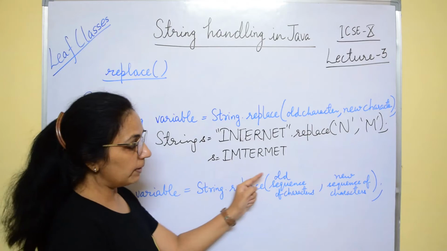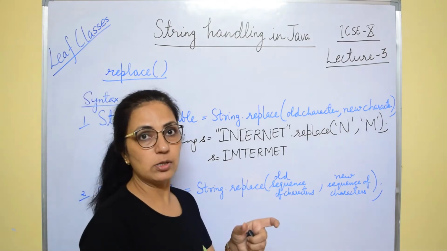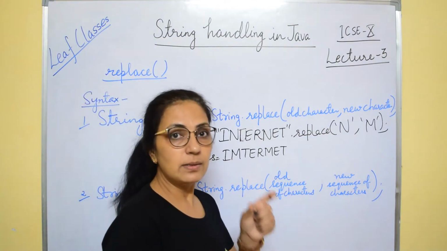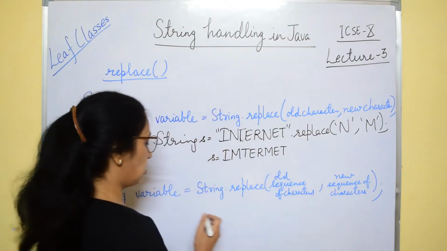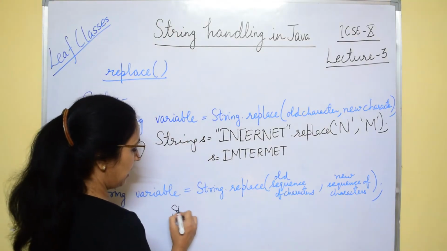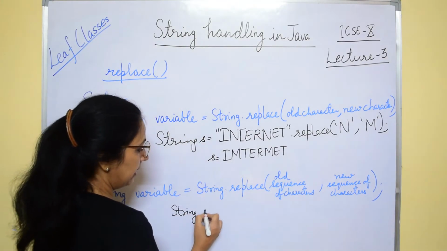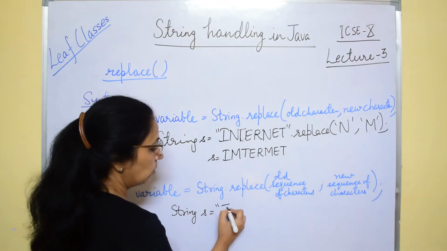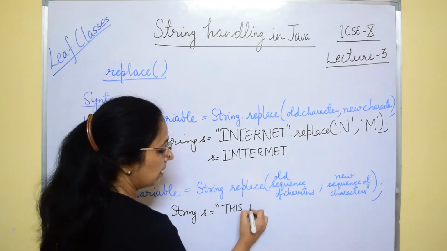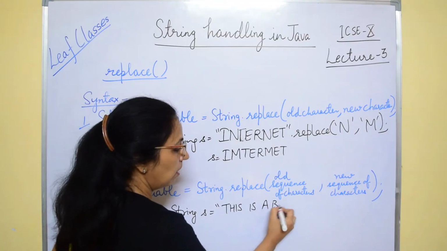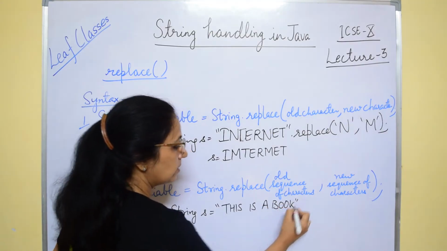Now with a sequence of characters also, that is, from one string to another string, we can replace. Let's take another example. Say string s equals, this is a book. Say this is a string.